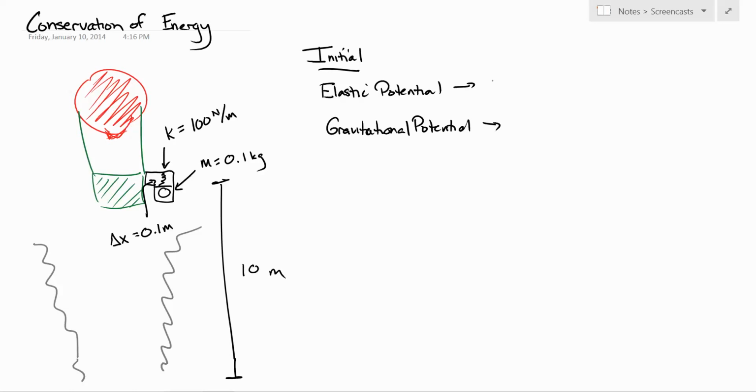We can say that our initial elastic potential energy is 1/2 k delta x squared. And we can put a number to that. We can say our initial gravitational potential energy is mgh. And we can put a number to that.